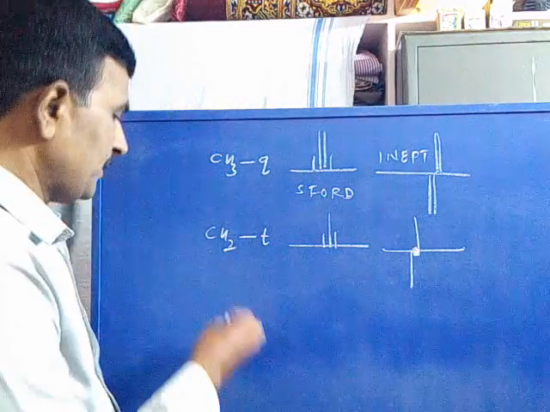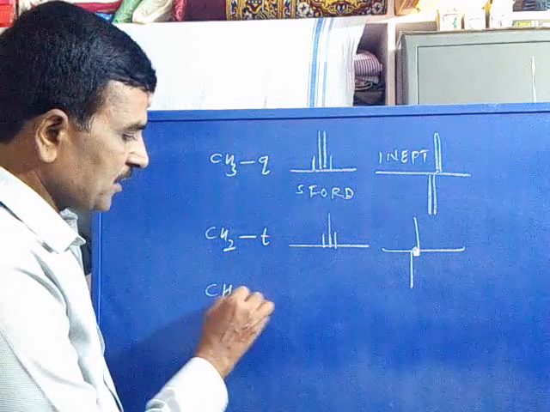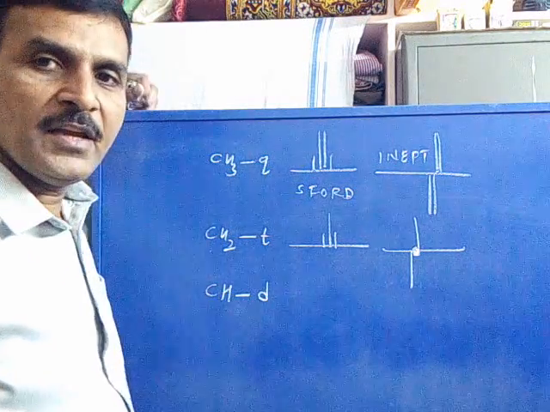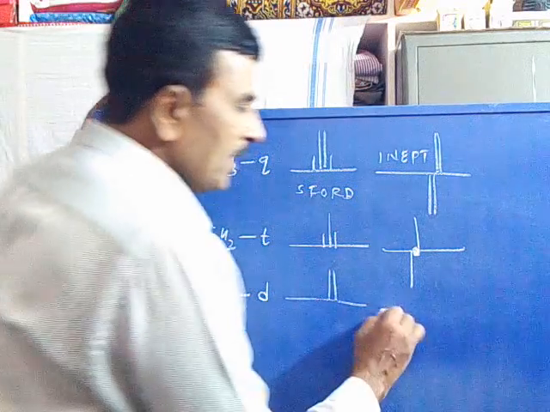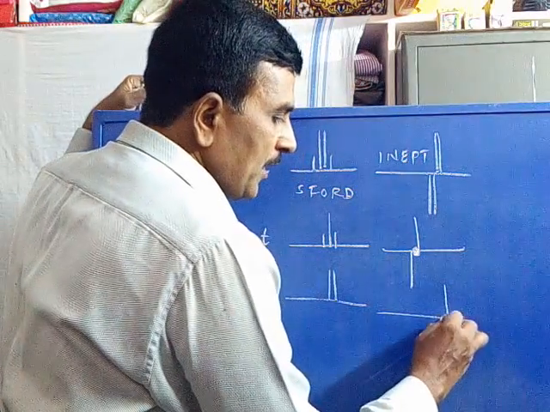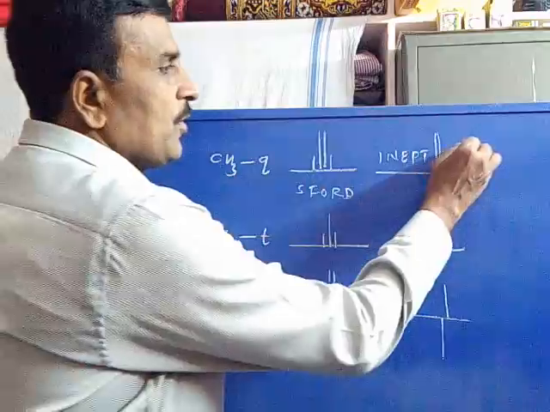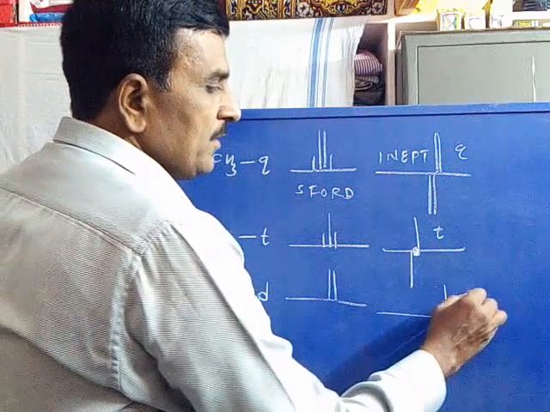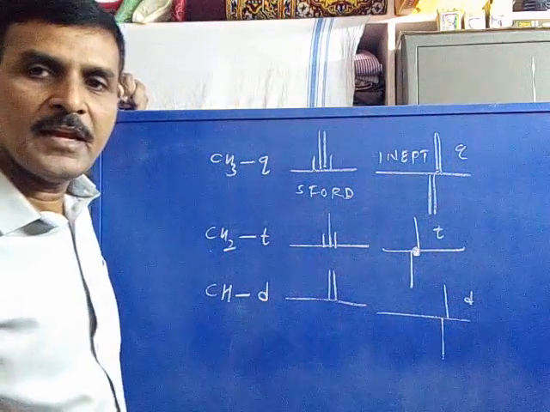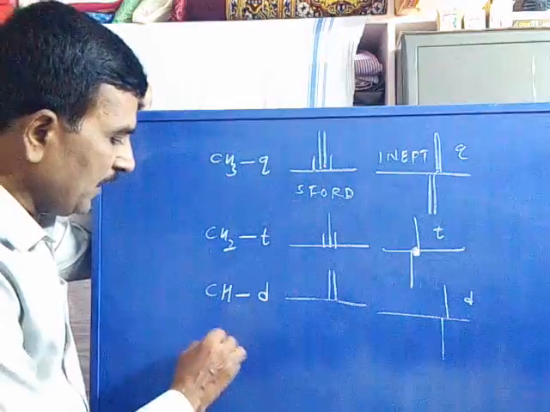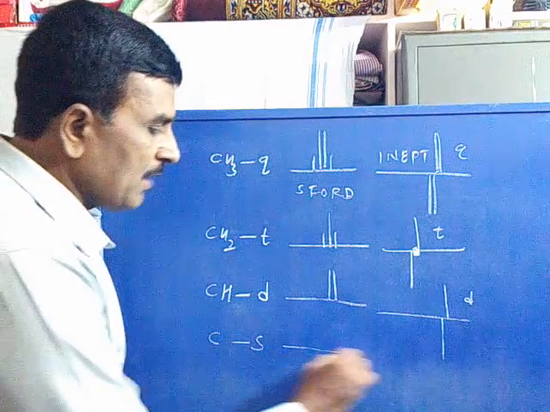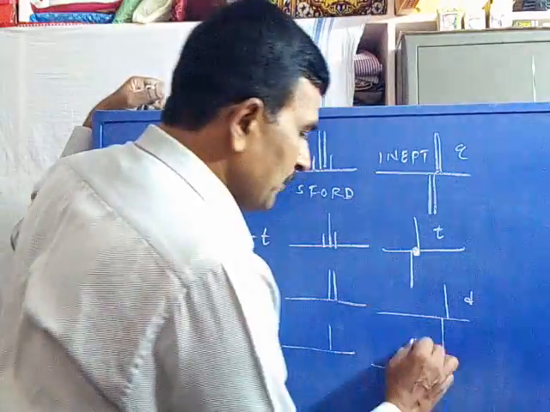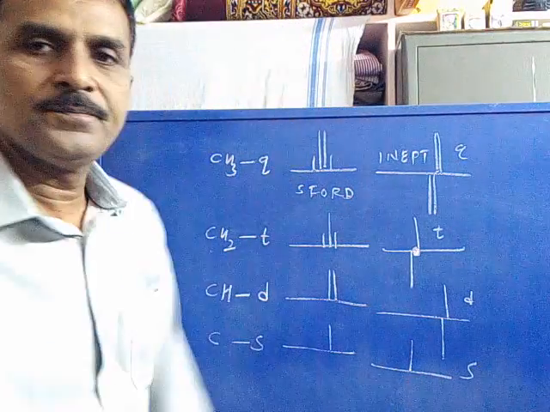Similarly, the doublet of CH carbon of SFORD is recorded as one positive line, one negative line. This is quartet, this is triplet, this is doublet in the INEPT experiment. The singlet related to carbon without hydrogen is always recorded as positive in the INEPT.